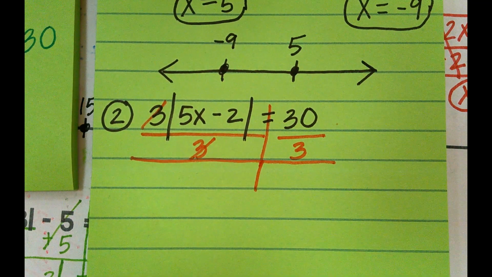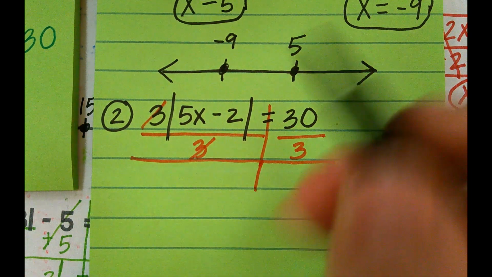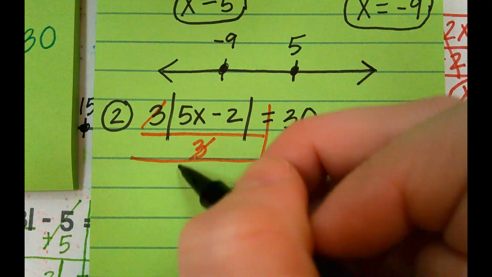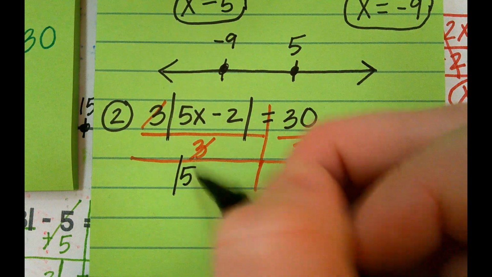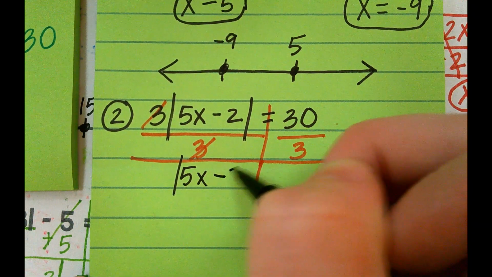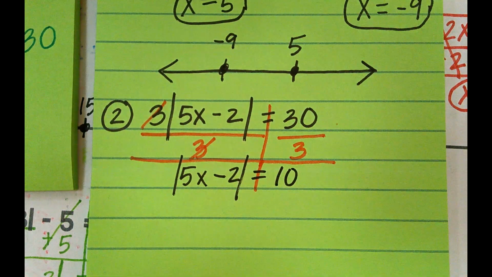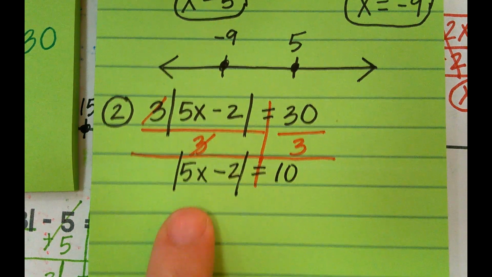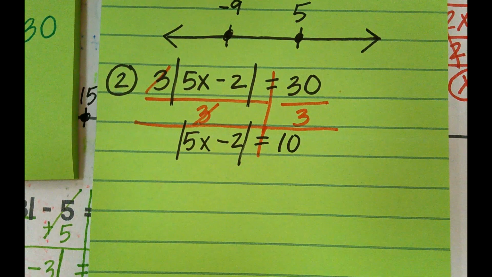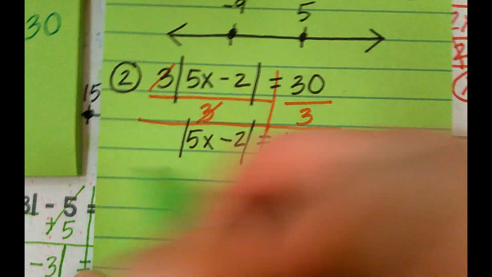You get 10. I'll bring down my absolute value: 5x minus 2 equals 10. And now you're right, Lewis. Now we have our absolute value all by itself. We'll split into the positive 10 and the negative 10 for the next step.